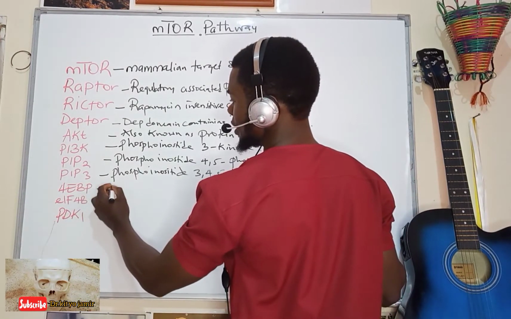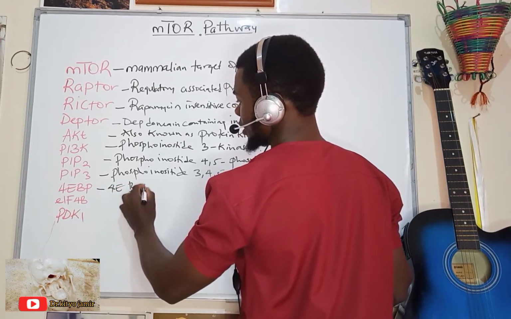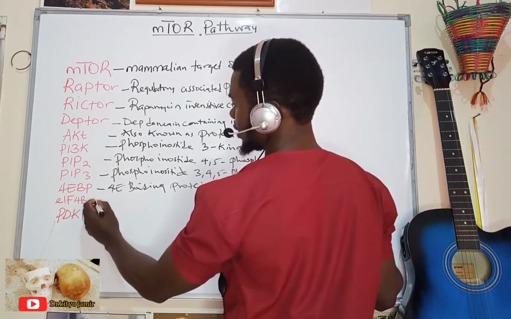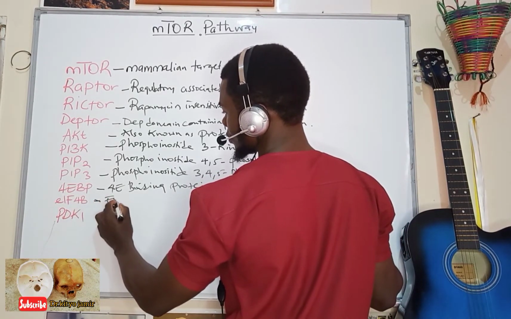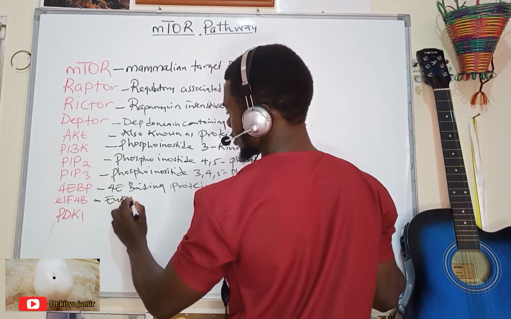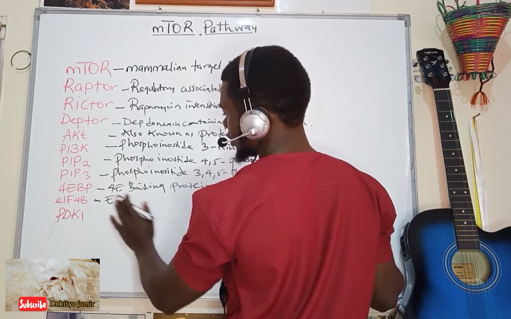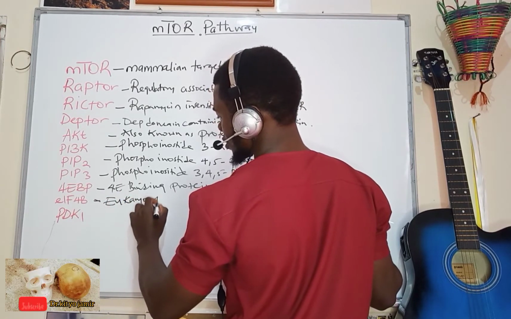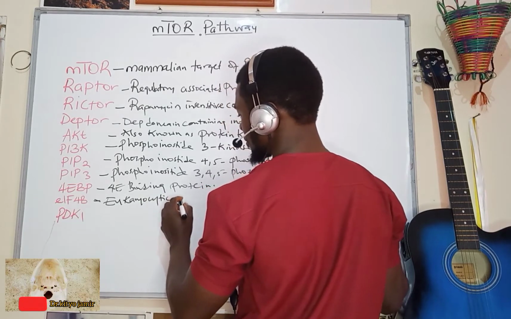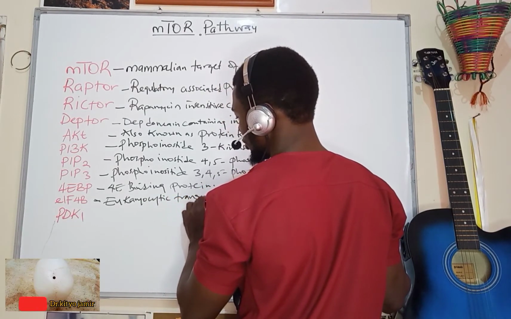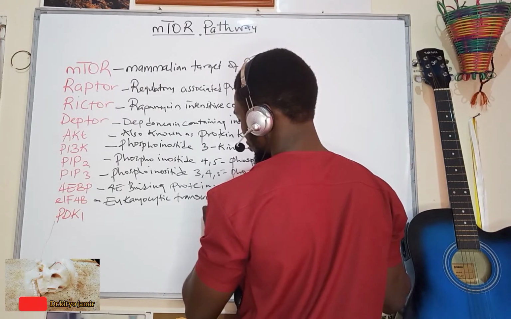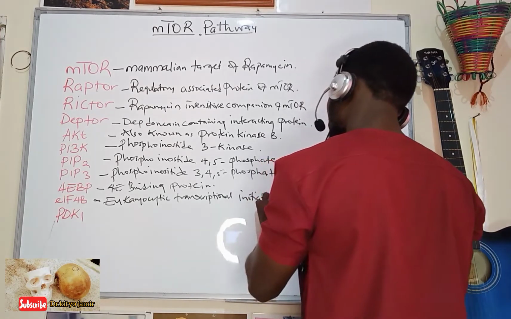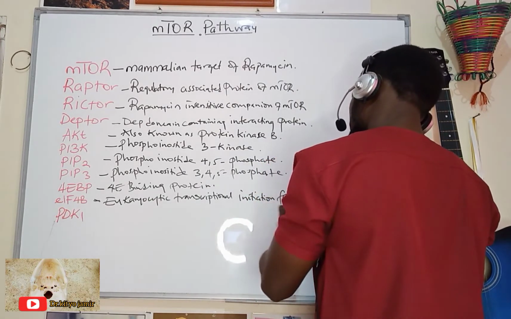4EBP is 4E binding protein. eIF4E is eukaryotic translation initiation factor 4E.